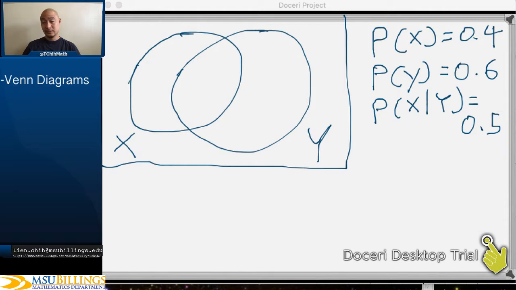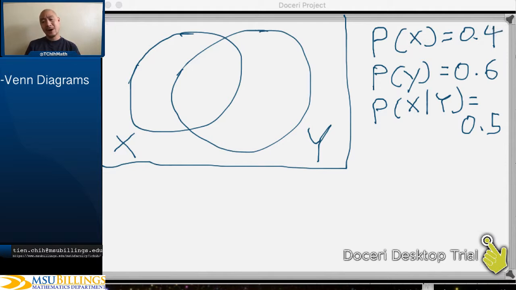Well, there is a formula that we can invoke, but rather than talk about it, I'll use it here in a second, and I think we could work this out with common sense as well. Y is 60% of the circle. We can think of it as maybe 60% of the area of the circle. It's not exactly that, but it's a good way to conceptualize it.